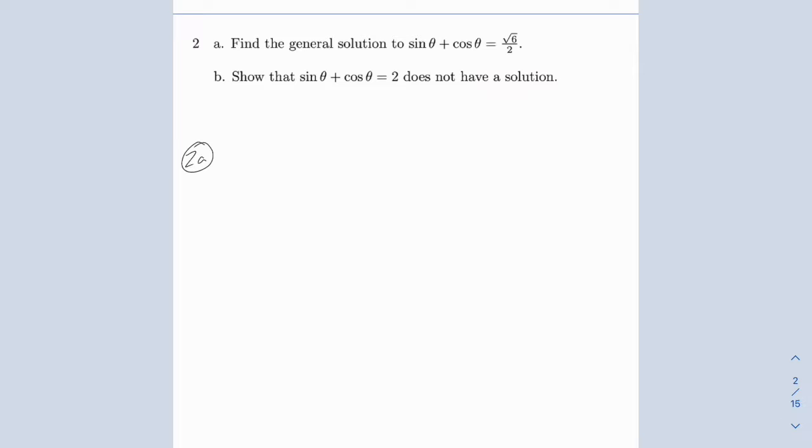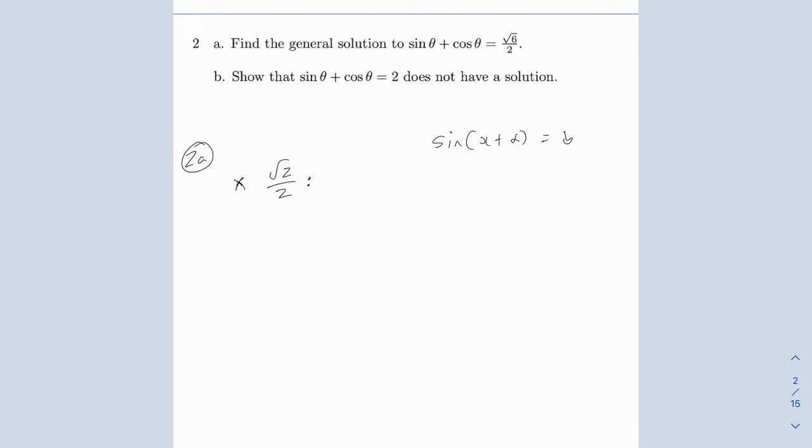Cool. Now, what I'm going to do over here is I recognize that if we multiply by square root of 2 over 2, okay, we can get this equation in the form of sine x plus a equals b.